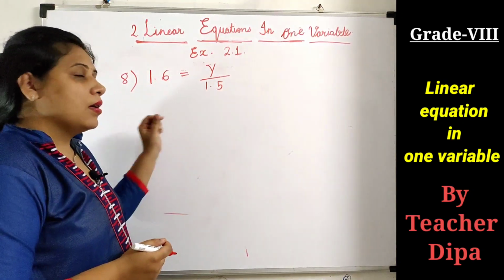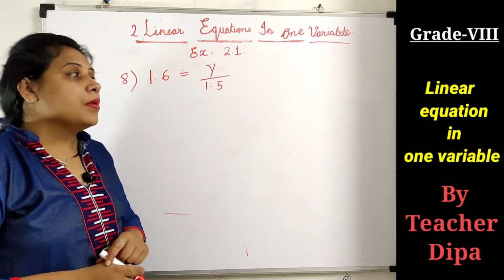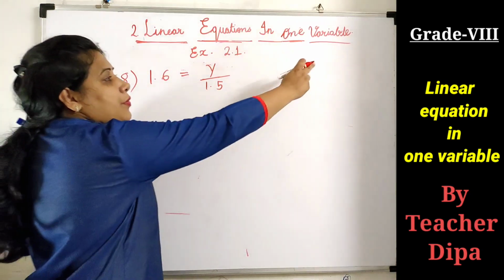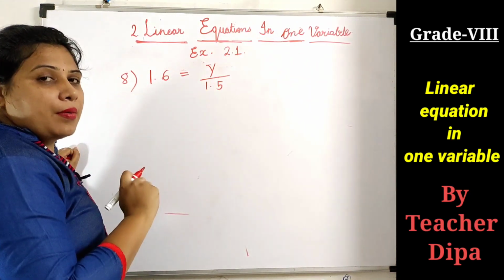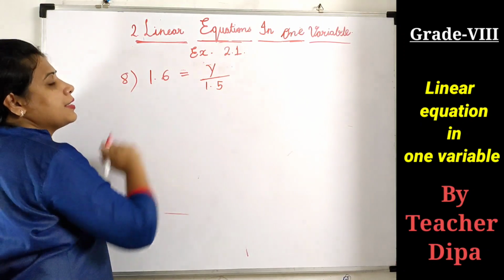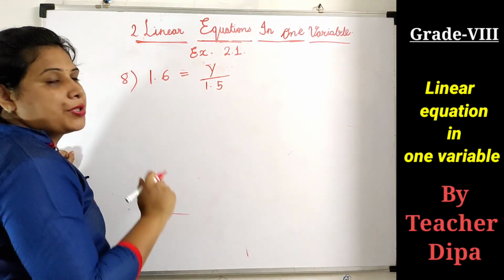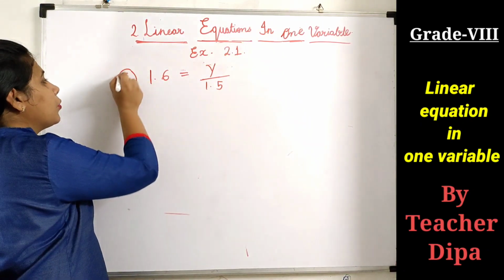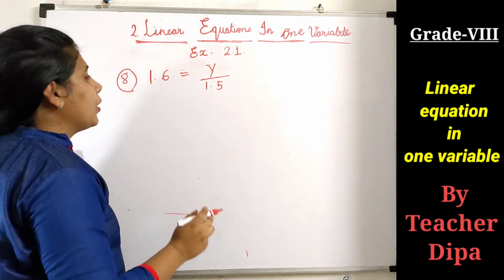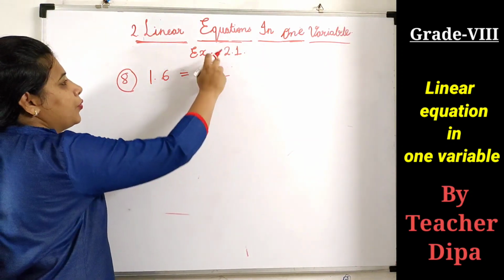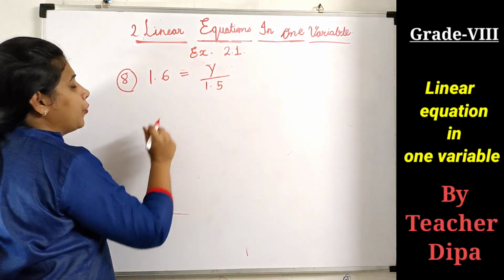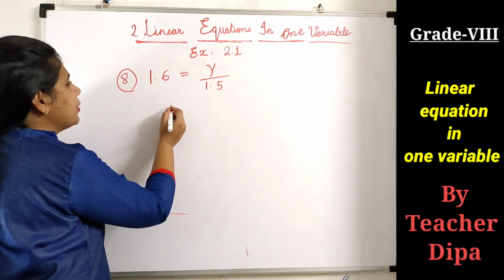In the exercise, the rest of the sums are the same, but here, as we have seen, the fraction sum is there. Similarly, in the decimal point, one more equation is given. That is question number 8 in the 2.1 exercise, that is 1.6 is equal to y upon 1.5. How to solve this sum? It is very simple again.